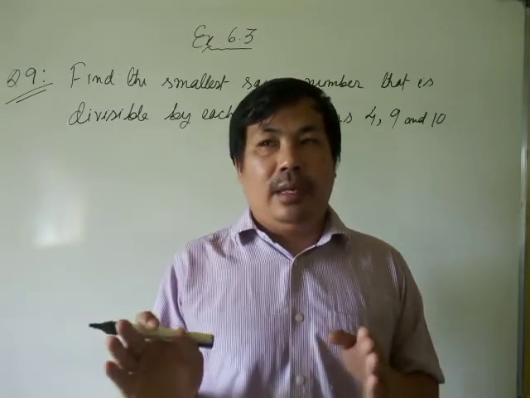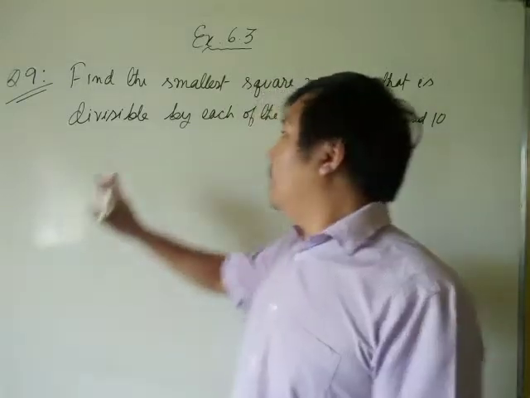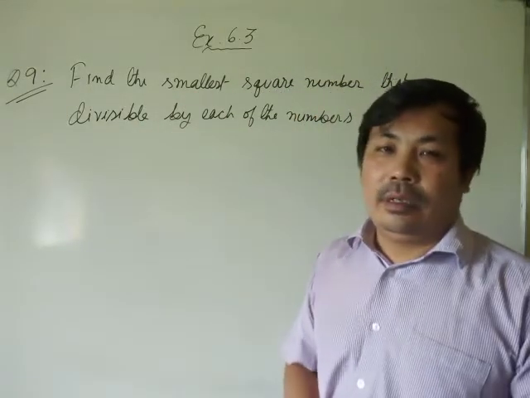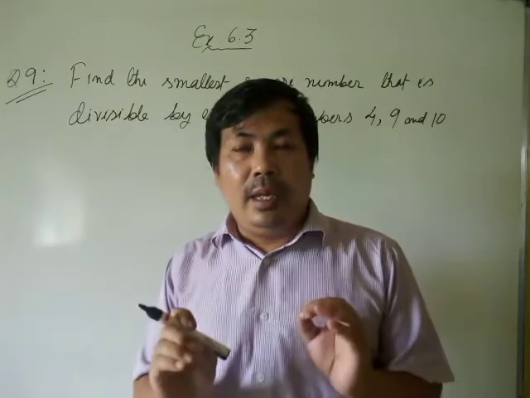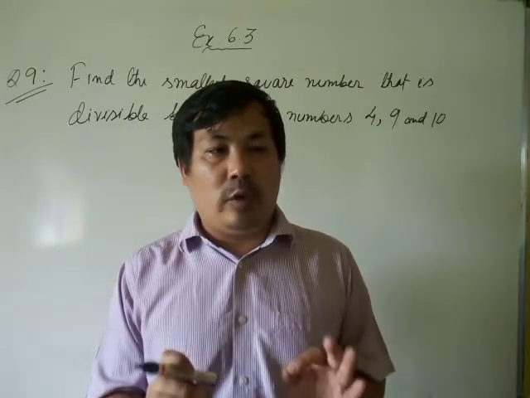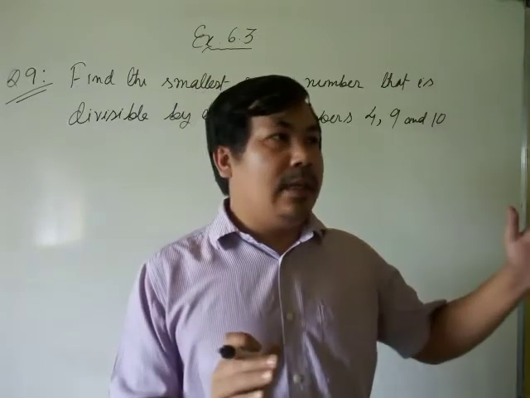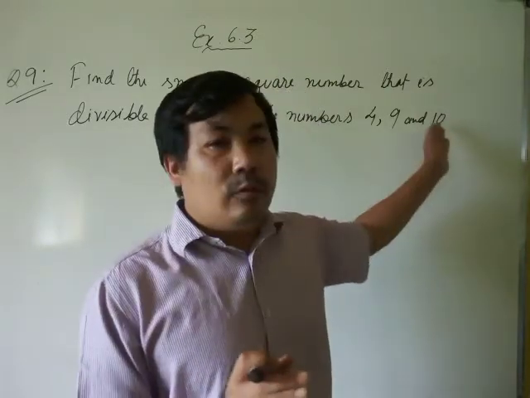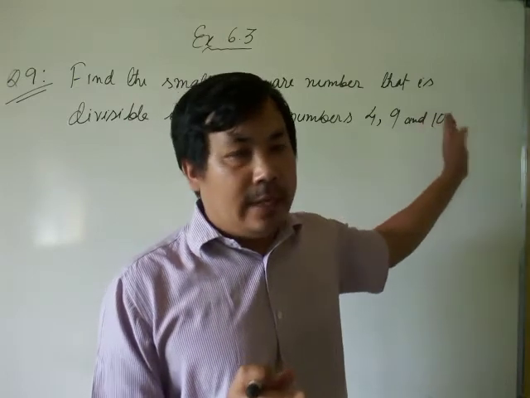LCM, lowest common multiple, smallest square. The LCM should be a perfect square. Many common multiples will be there, which can be divided by these 3 numbers again and again.